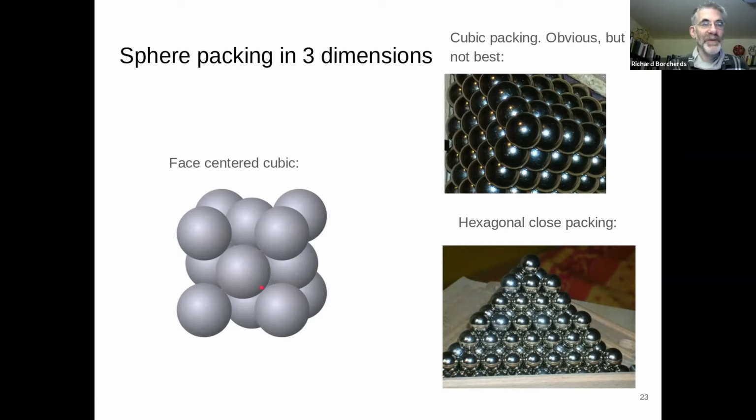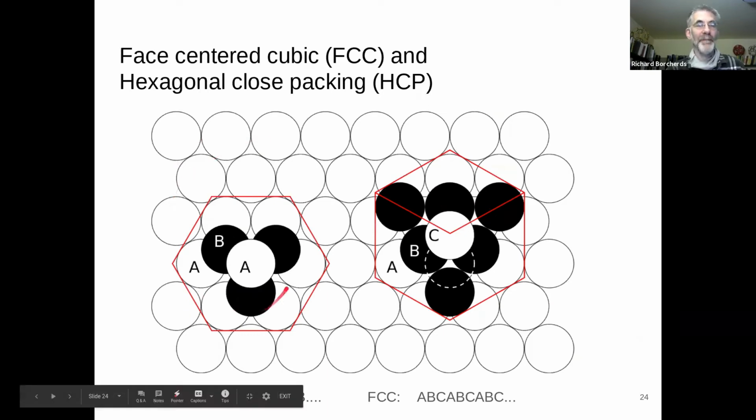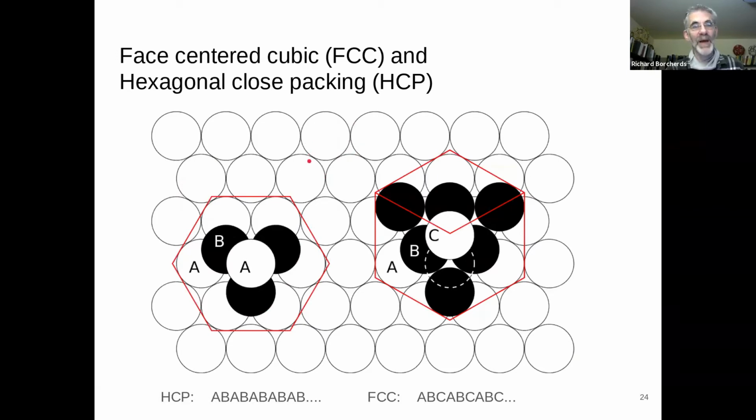So what's the difference between face-centered cubic and hexagonal close packing? Well, suppose you take a hexagonal layer. So all these white circles are going to be the lowest layer of spheres. And then you can put on a second layer of spheres, which are these black ones.